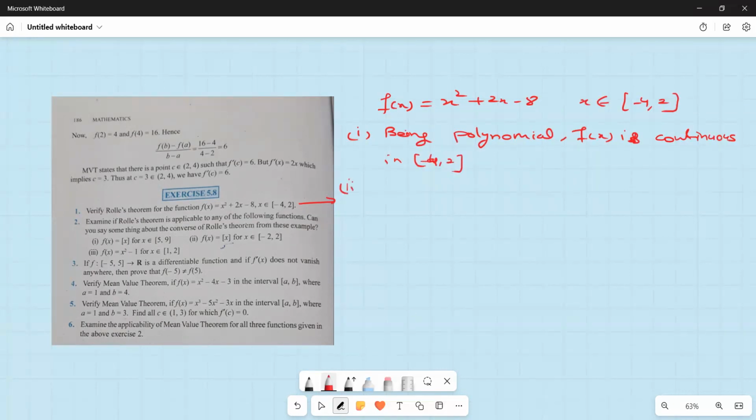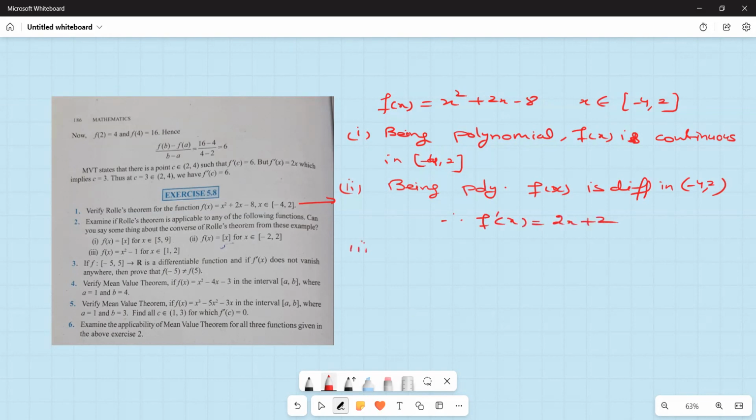Second, being polynomial, it's differentiable. f of x is differentiable in (-4, 2). Therefore, f dash x is 2x plus 2, right?